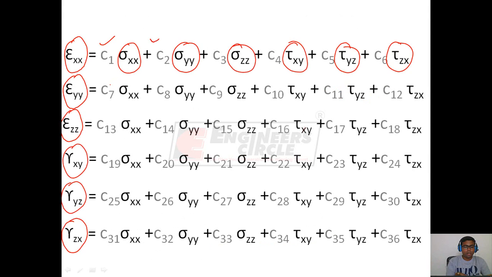These constants are called material constants because the relationship between strain and stress depends on material behavior. It can be seen that to establish the complete relationship between 6 strain components and 6 stress components, we need a total of 36 material constants.